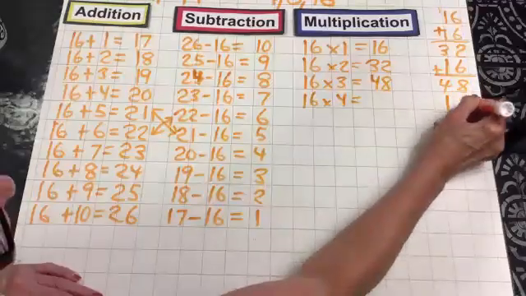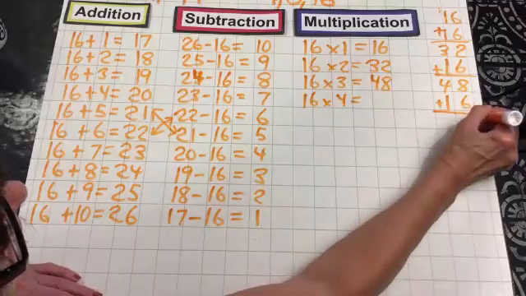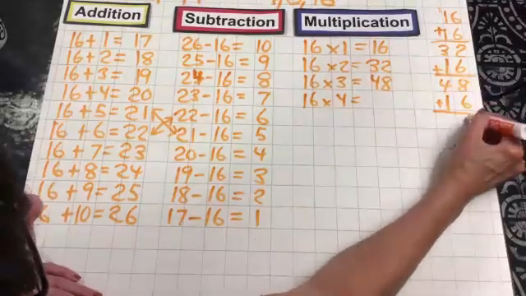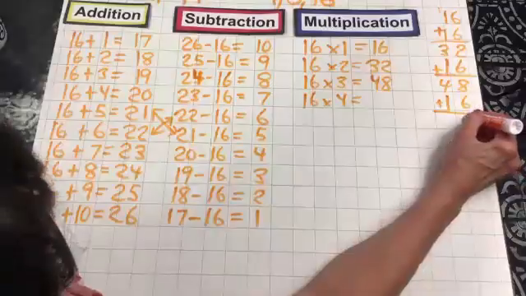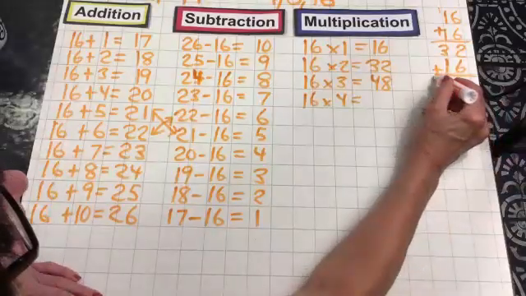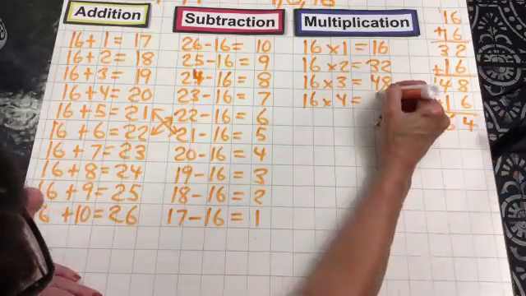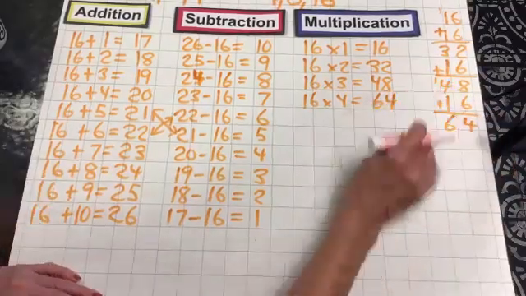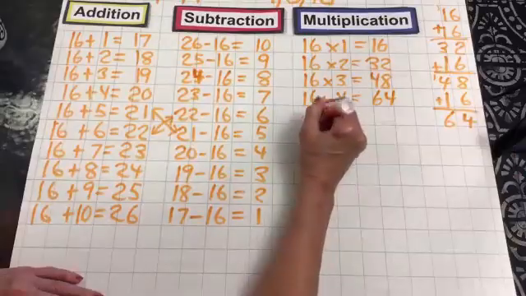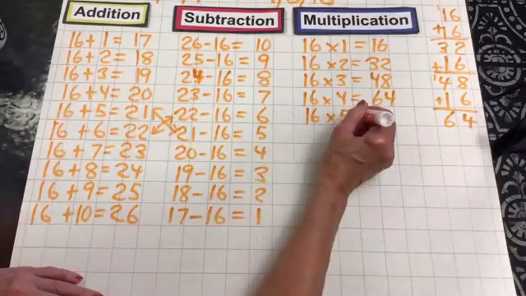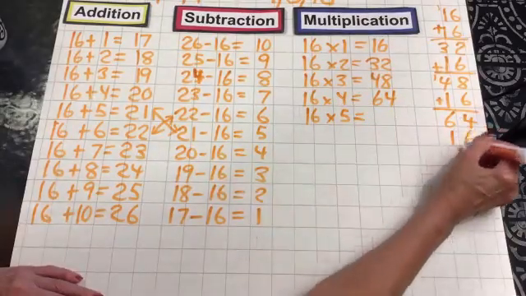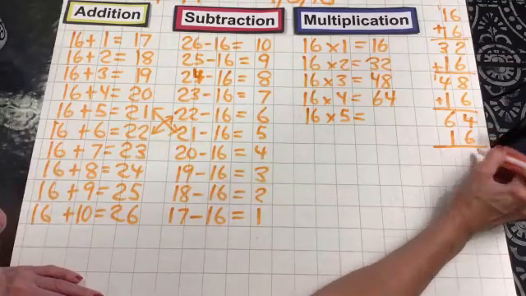16 times 4, can add another 16 here. 6 plus 8 is 14. Carry the 1. 1 plus 4 plus 1 is 6. So that would be 64. Then we have 16 times 5. We can add another 16 over here. 4 plus 6 is 10.